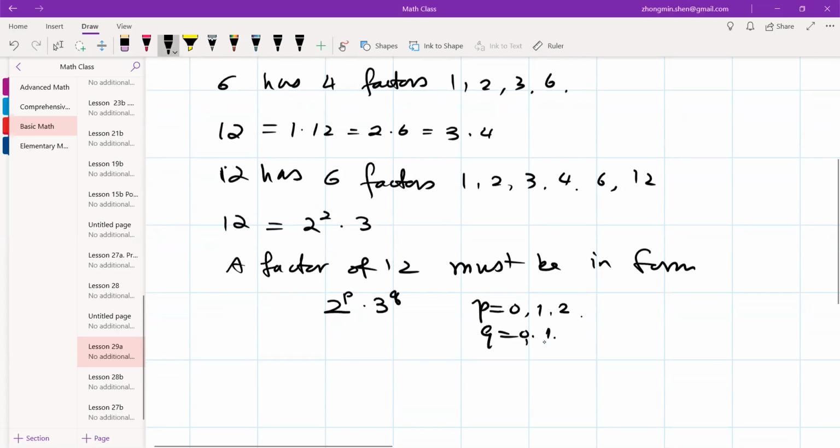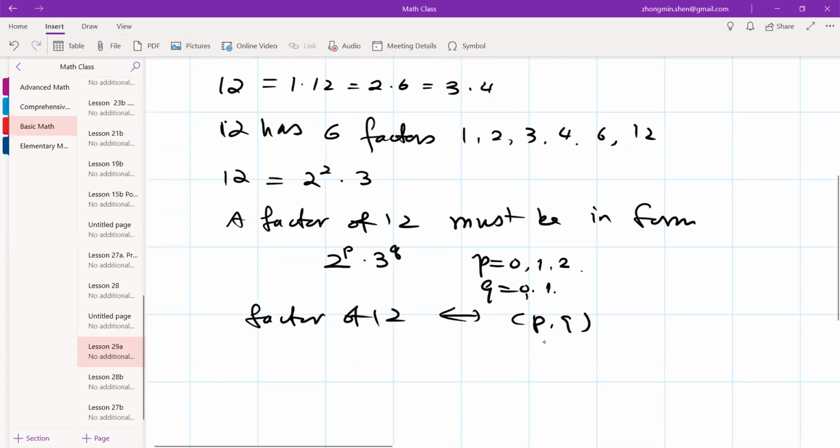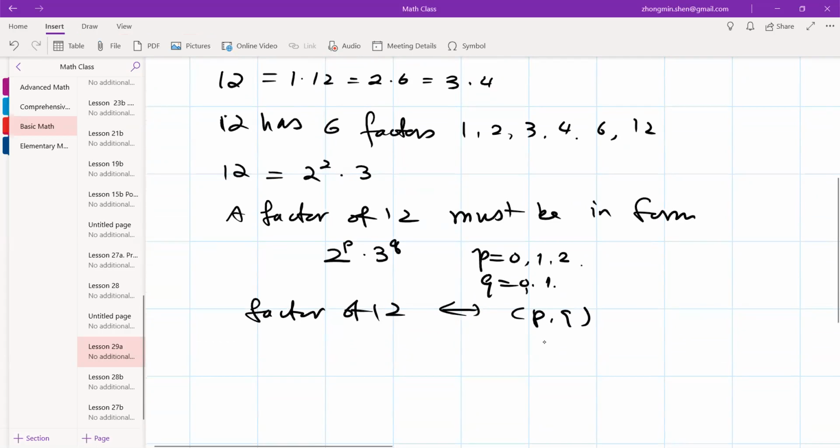So in other words, the factors of 12 are completely determined by P and Q. If you choose P and Q, then you get a factor of 12. So you give a pair of numbers, then you get a factor.